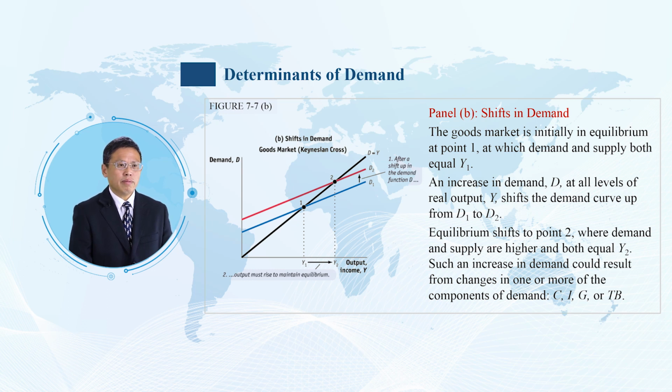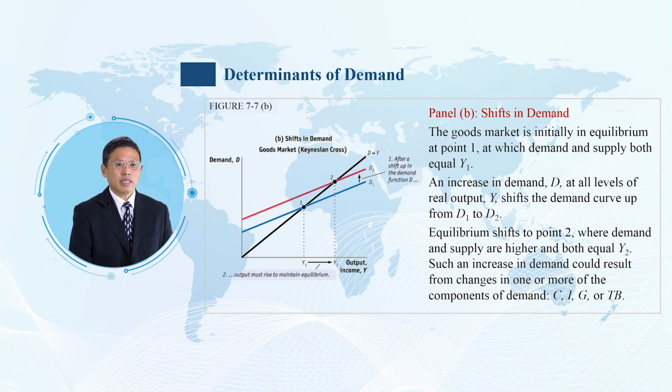A change in the home interest rate or other factors affecting investment: a fall in the interest rate, all else equal, will lead to an increase in I as firms find it profitable to engage in more investment projects and spend more.